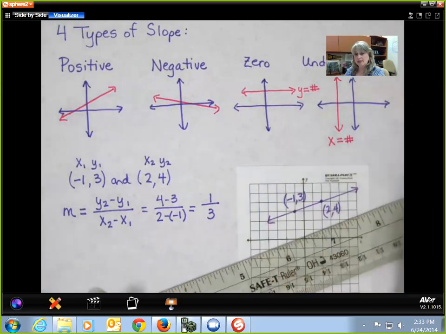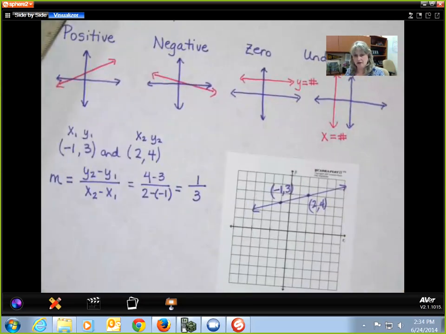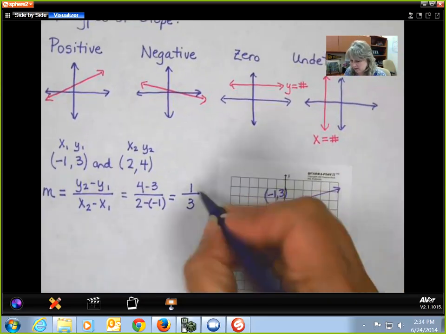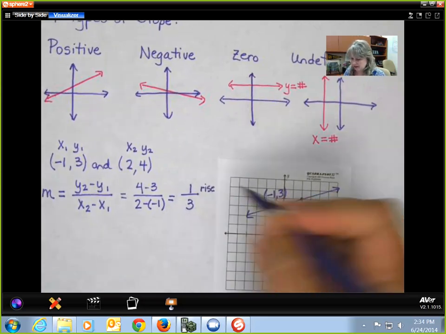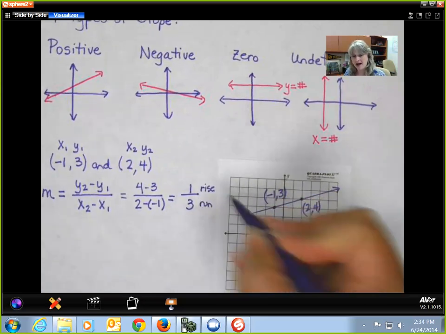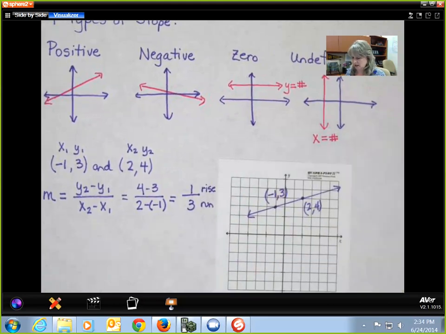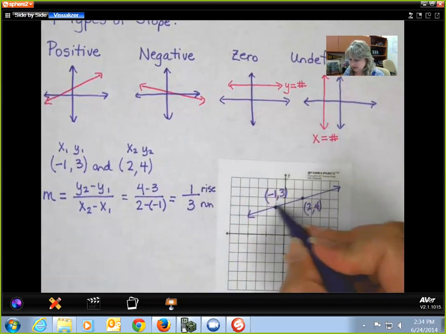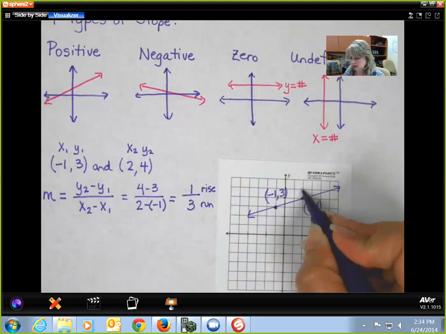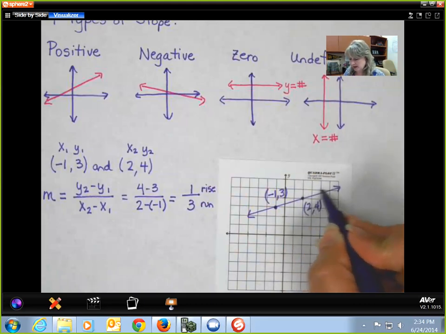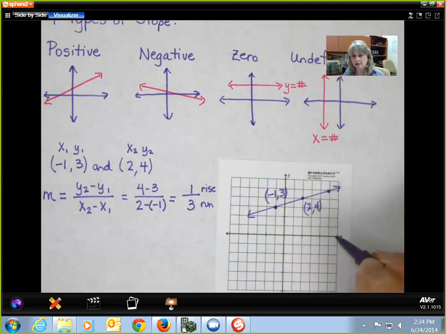All right, so when we say the slope is 1/3, that really just means this is my rise, and since it's positive, that means it goes up, and this is my run, and again, it's positive, so it goes to the right. So if I start at one point, I can rise 1 unit, and I can run to the right 3 units, and it gives me more points on my line. See here, I could go up 1, right 3, and I'm back on my line again.